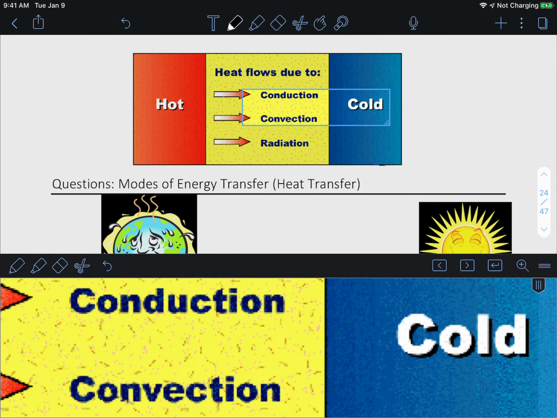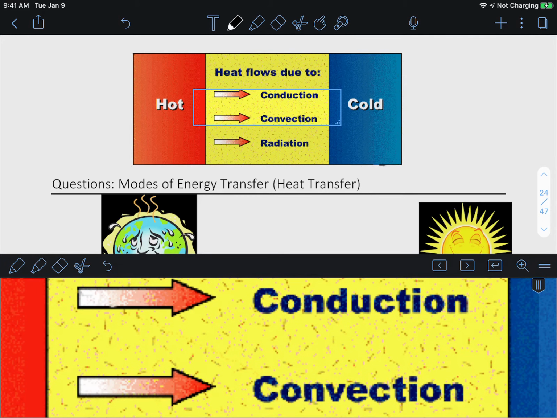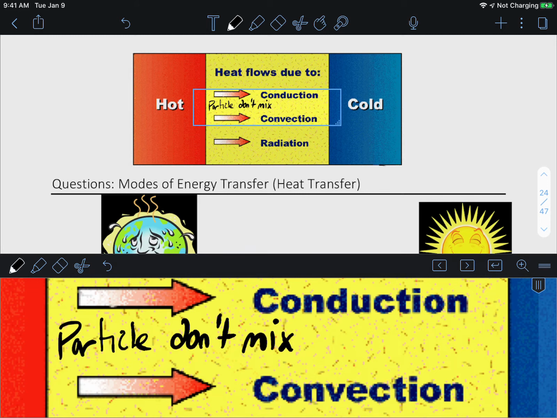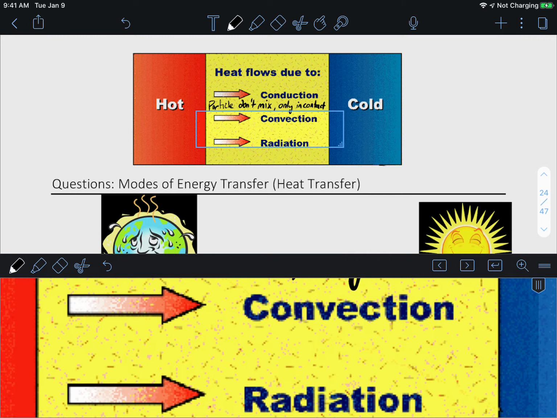So in terms of conduction, the particles are not moving. Particles don't mix, only in contact. In convection, the particles are mixing.